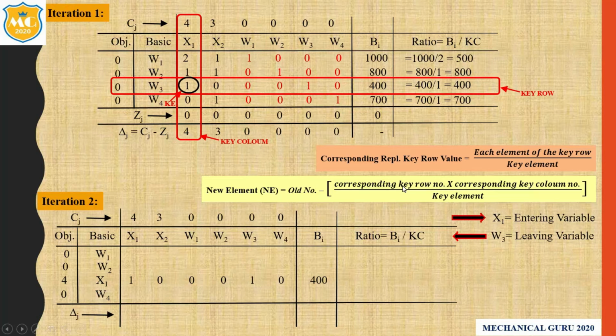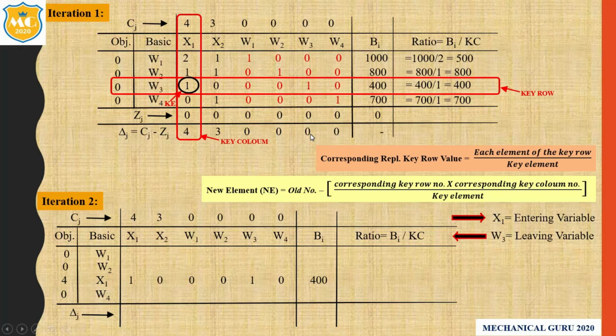But here I will show you one of the most important techniques or tricks you have never seen. First, x1 is the entering variable, so here we replace the W3. In the W3 column the values are 0, 0, 1, 0 and 0.